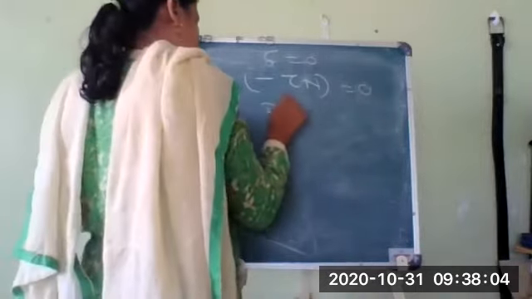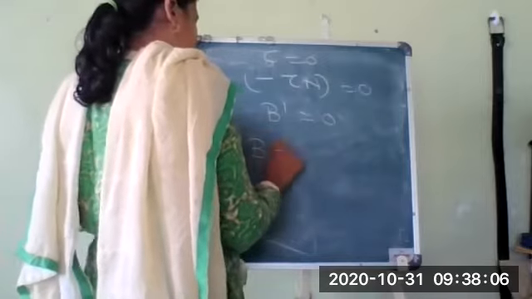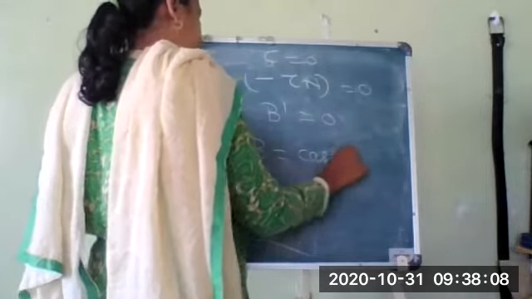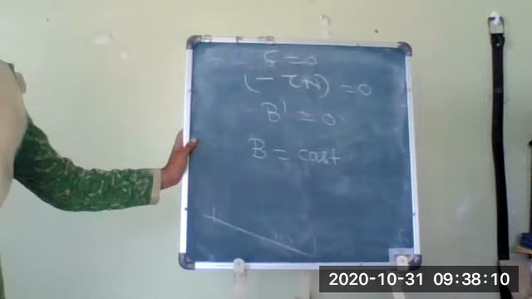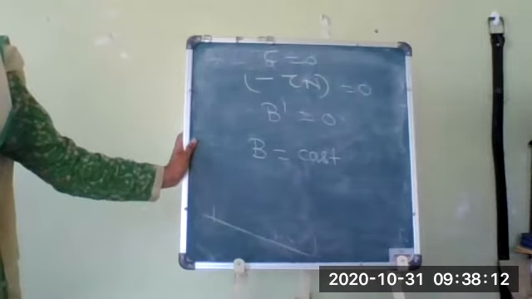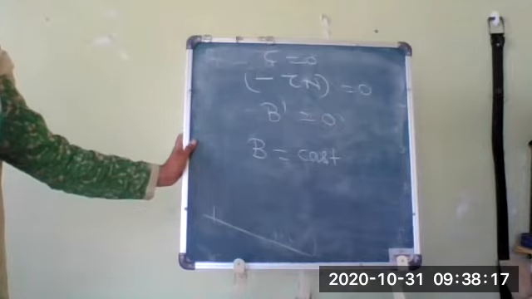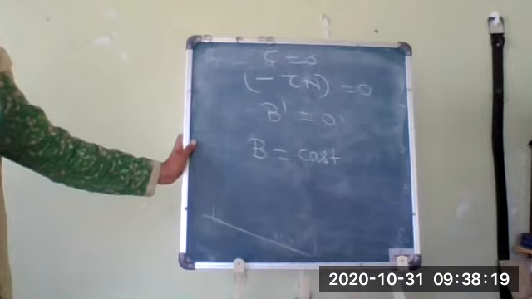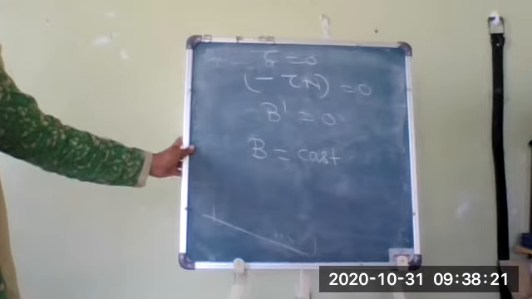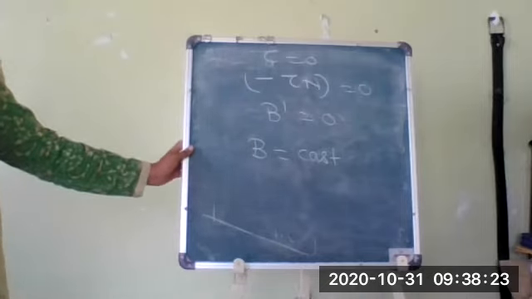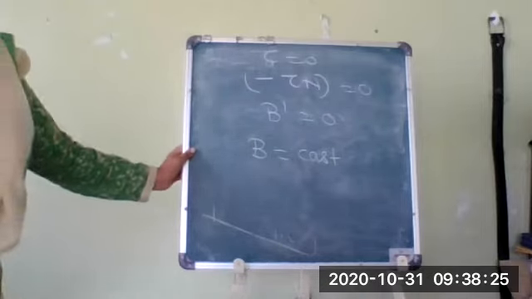If b dash is equal to 0, it means that b is constant. If b is constant, that means it is some fixed vector. Now what we have to prove is that beta is a plane curve which passes through beta of 0 and is orthogonal to b.